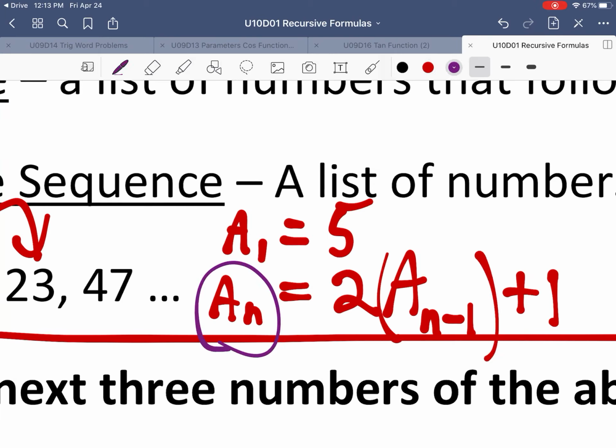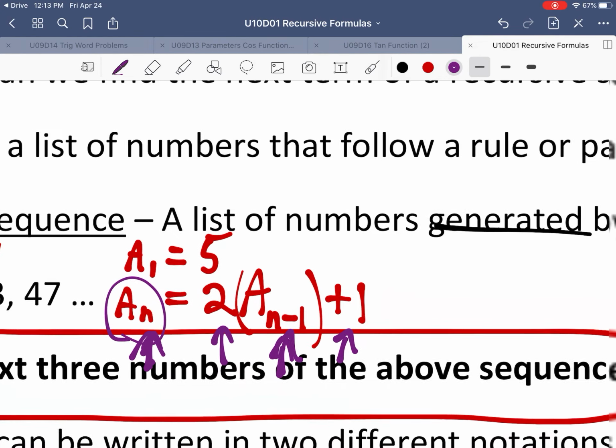So whatever term I'm looking for, if I'm looking for the 5th term, I'm going to multiply the 4th term by 2 and add 1. So this rule just says to find any term, take the previous term. You don't think of this as subtraction. Think of it as previous. It says to find the current term, or the term you want, take the previous term, multiply it by 2, and then add 1. So this is a recursive sequence.